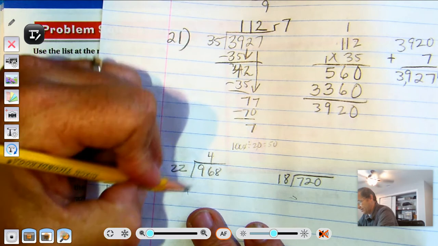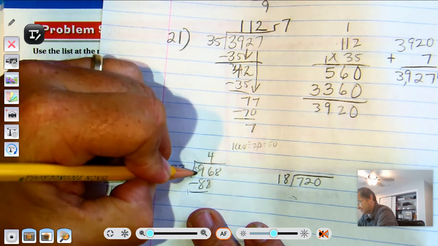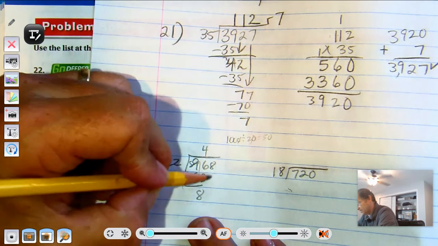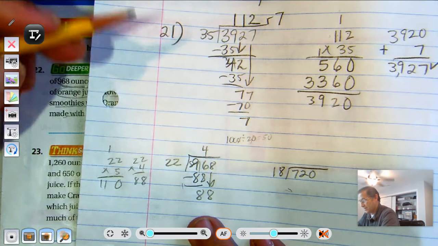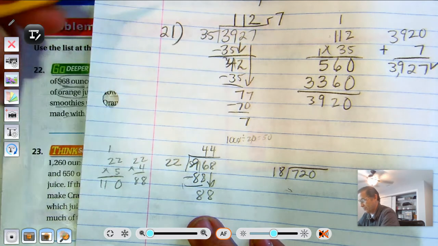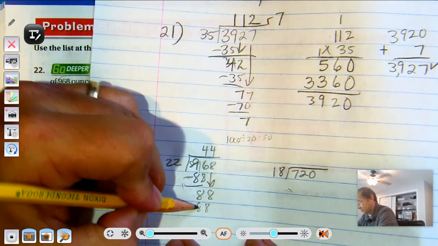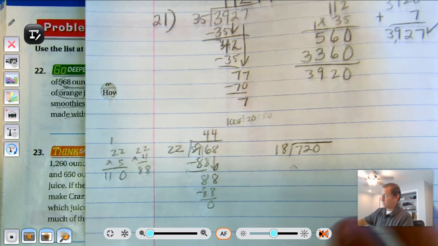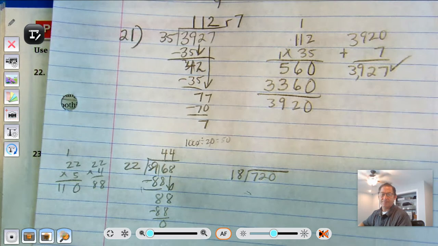Okay, so that's better. So subtract. We're left with 8 tens. Let's trade that for 80 ones and bring down the 8 ones. All right, I know 4 times 20 is 80. So we just did 4 times 22 is 88. Subtract, we get 0. All right, so I can make 44 Royal Purple smoothies.